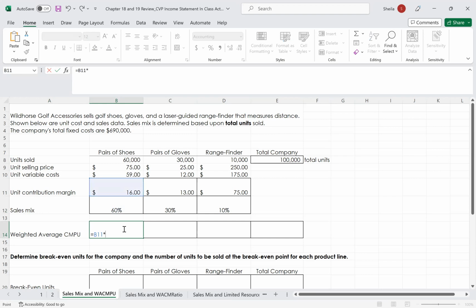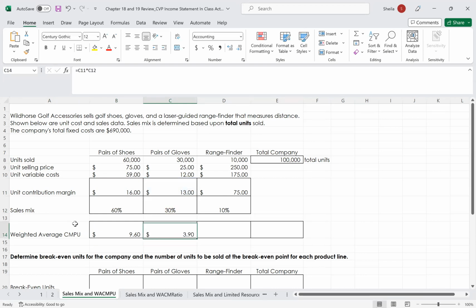I'm really only getting 60%. So when I take $16 times the 60%, really the shoes are giving me across the company as a total $9.60 of weighted average contribution margin per unit. So now I've kind of level set my contribution margins, so that way I can apply some of those CVP concepts we've learned.